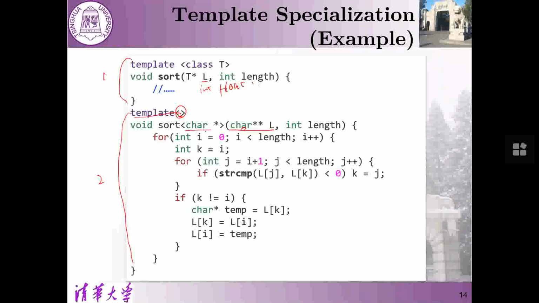Then we can sort it. That means we provide two templates: one for general cases for all other types, and one for a special case. This special case is for character strings, and we use strcmp to compare them.